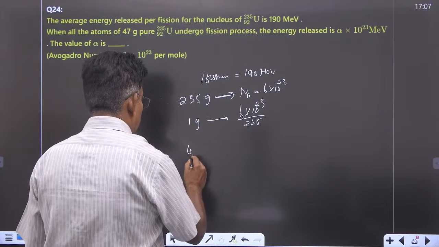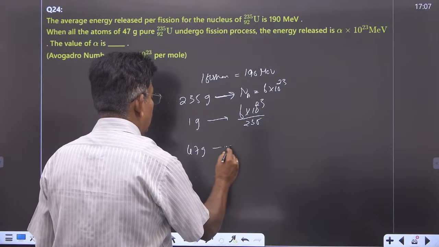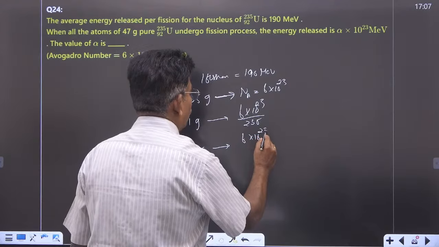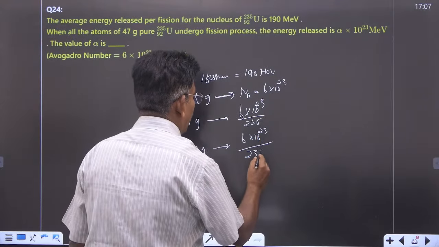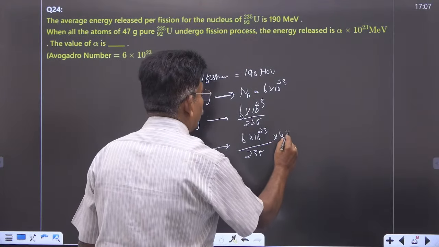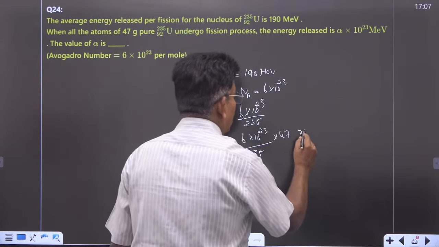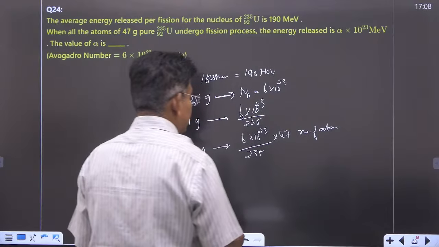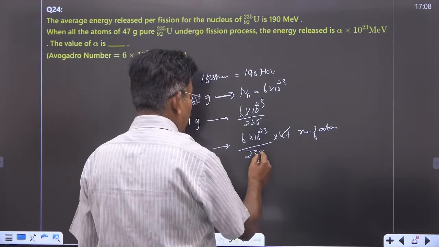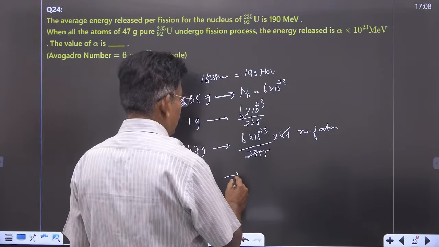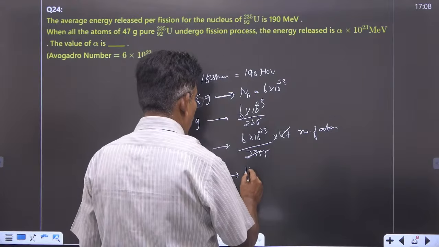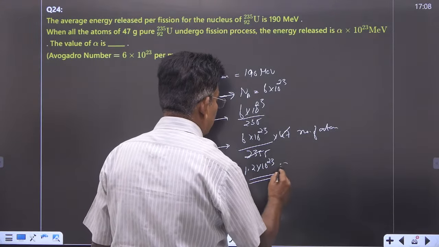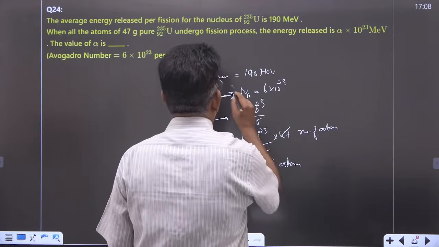Therefore, 47 grams, how many? 6 into 10 to the power of 23 divided by 235 into 47. This many number of atoms. And I think this is divisible. How many times? Exactly 5 times. Therefore, 6 by 5, 1.2 into 10 to the power of 23 atoms. One atom, how much energy?